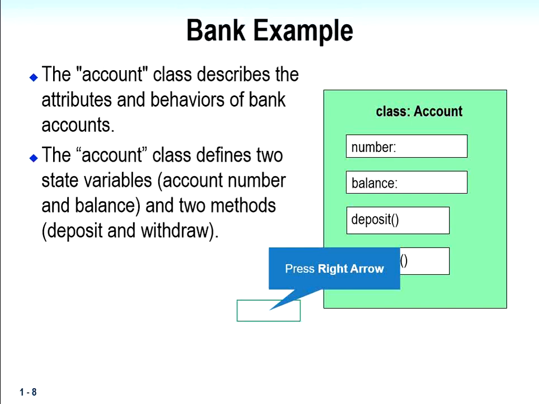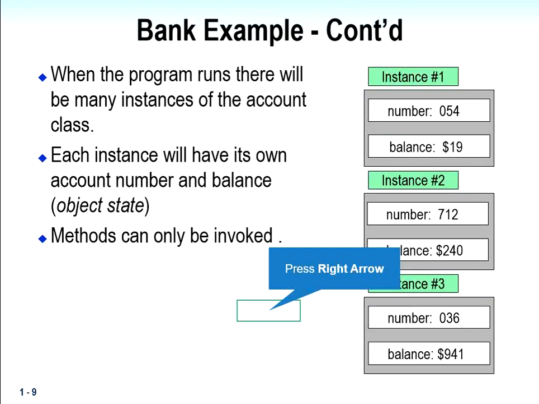The account class describes the attributes and behavior of a bank. The account class defines two state variables known as account number and balance, and the two methods deposit and withdraw. ब्याङ्कको इक्जाम्पल मेरो त्यो भयो, त्यो क्लासको नाम के भयो, अकाउन्ट भयो हैन. Now instance 1 मा मैले के गरेँ, अकाउन्ट नम्बर दिए 054, ब्यालेन्स दिए 19.